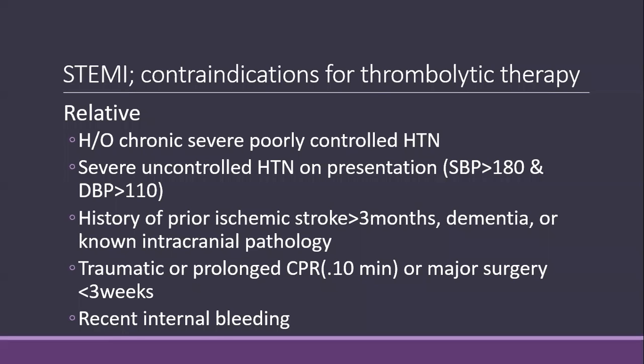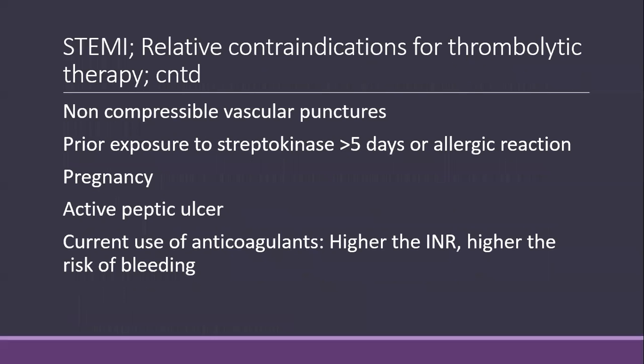Recent internal bleeding is a relative contraindication to therapy. Any non-compressible vascular punctures: suppose a patient has had a procedure on a vessel that cannot be compressed, these are patients who should not go for therapy. Any prior exposure to streptokinase more than 5 days ago, or allergy to streptokinase.